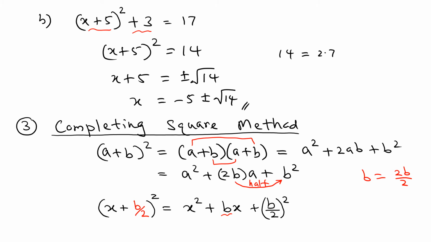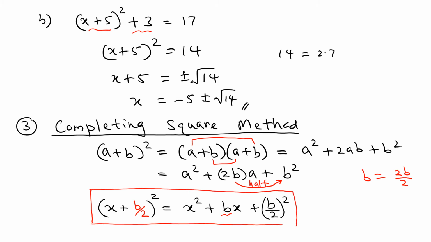This is the completing square formula. What we do is take half of the coefficient of x, and you can see this side simply becomes a complete square.